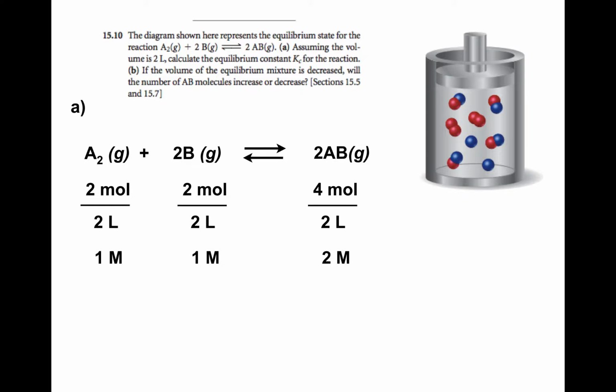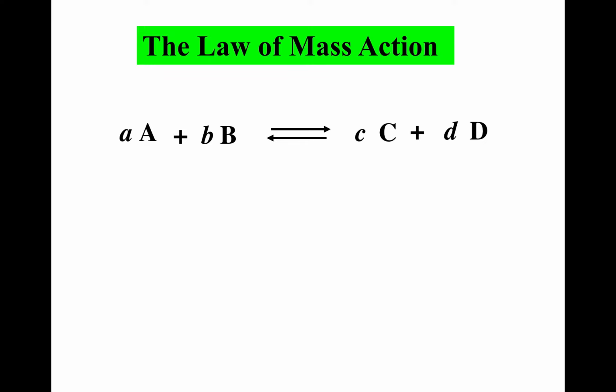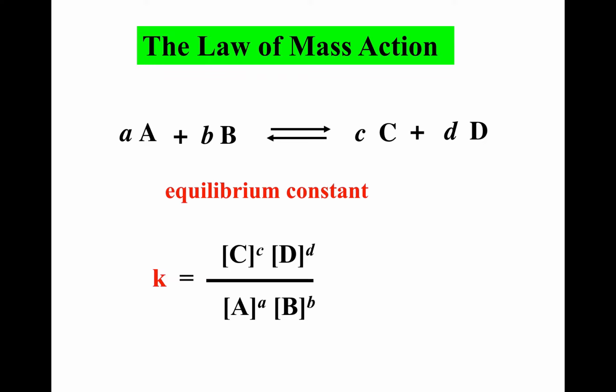All right, so to know what the magnitude of the equilibrium constant is, I have to plug into what's called the law of mass action. The law of mass action is defined as products over reactants, raise the concentration of the products over the reactants raised to their stoichiometric coefficients. So the brackets represent moles per liter.